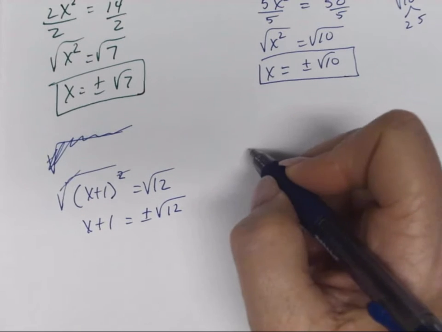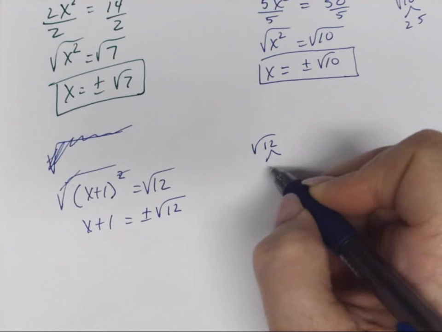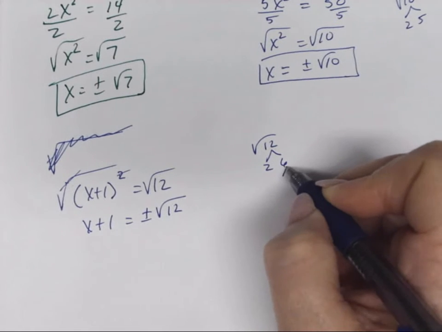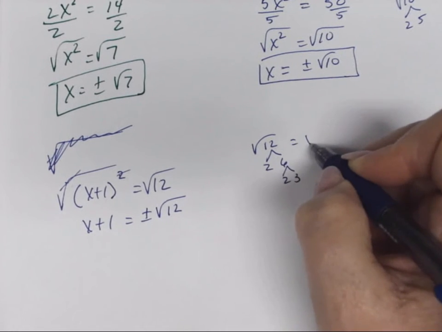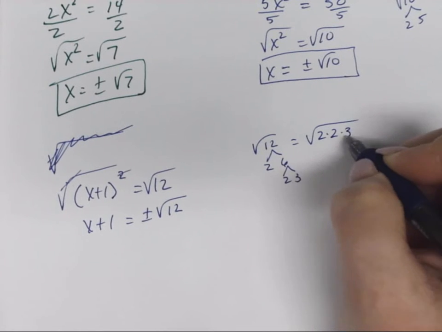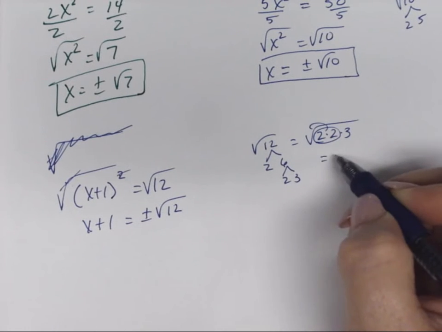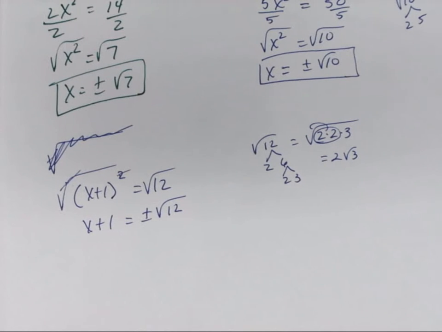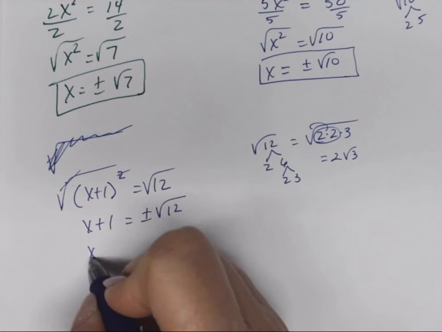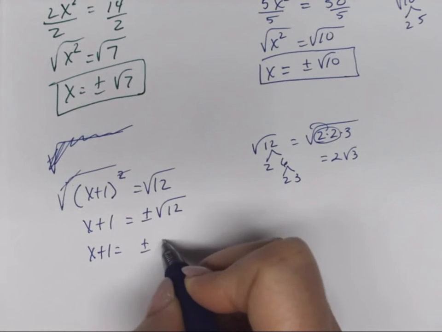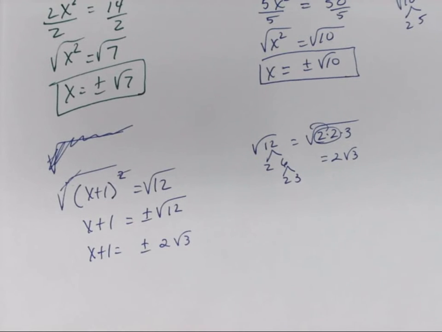Again, we got to break down the square root of 12. So 2 times 6, 2 times 3. We get square root of 2 times 2 times 3. Looking for 2 of the same number, we end up with 2 square roots of 3. So x plus 1 is equal to plus or minus 2 square roots of 3.